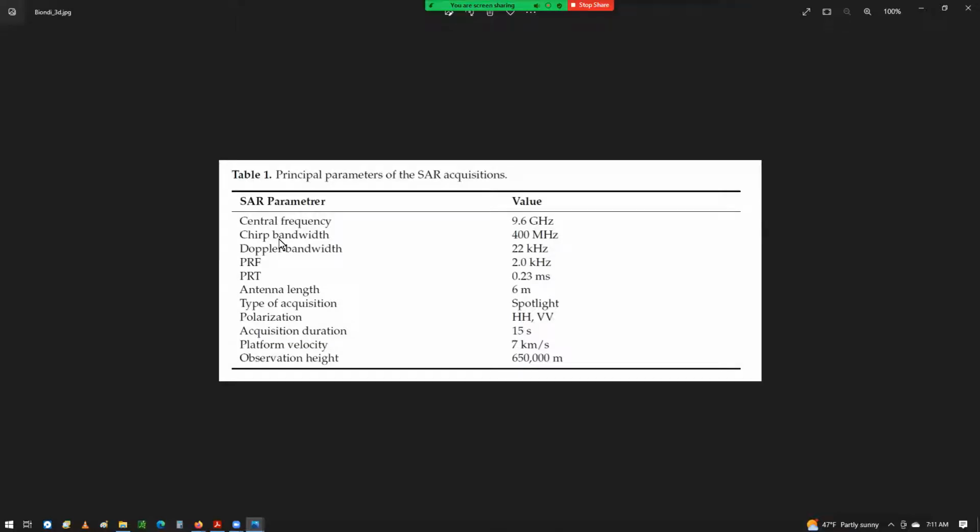So a chirp is basically a way to increase the resolution along the azimuth. Okay, you're sending a whole set of different frequencies, which is why this is called the bandwidth. The width of these different frequencies, from the highest to the lowest, is 400 megahertz. It's kind of what whales do under the sea when they send an echo out. It's different frequencies.